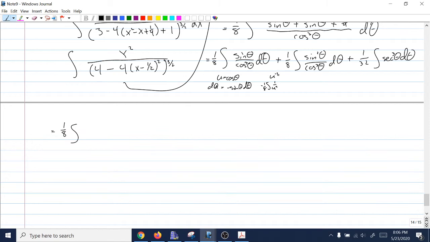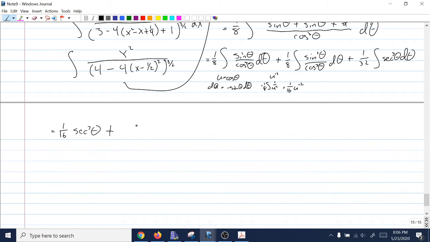The integral of that is going to be negative 1/2, will be positive 1/16, u to the negative 2. What was u? U was cosine, so this will be secant squared. Okay, check. That one's done.